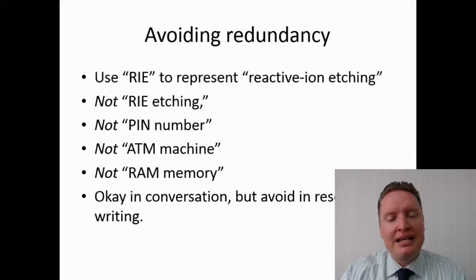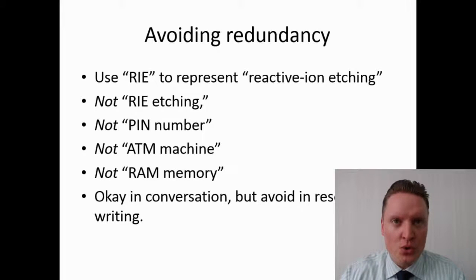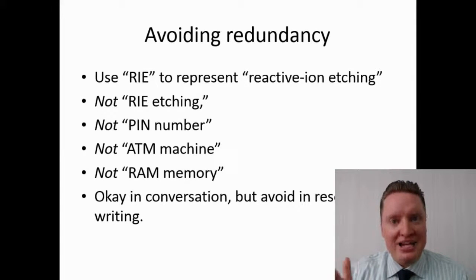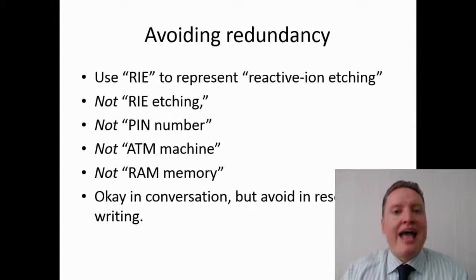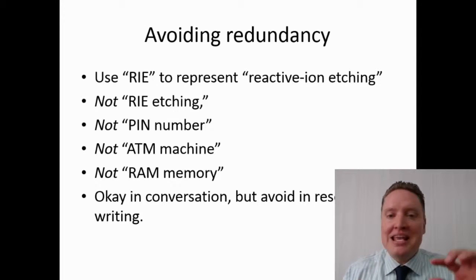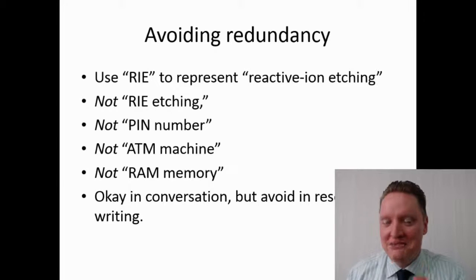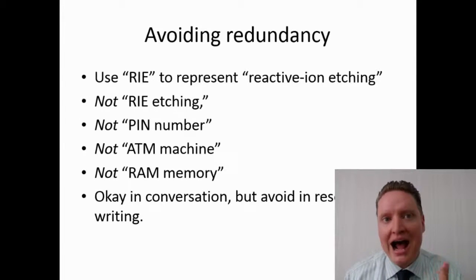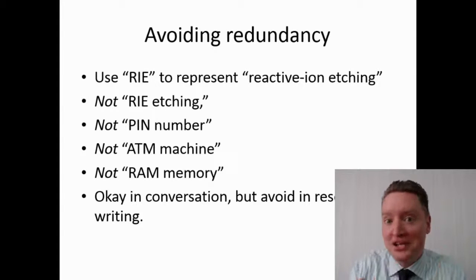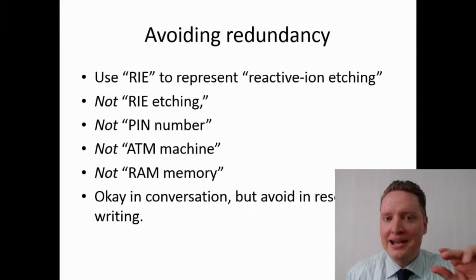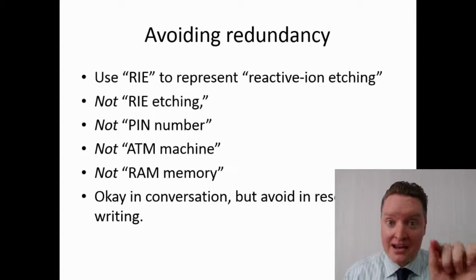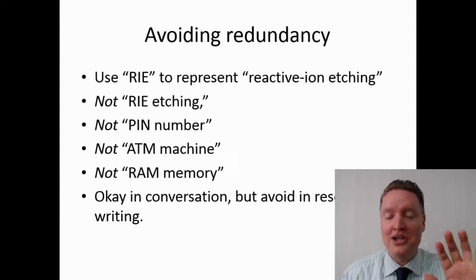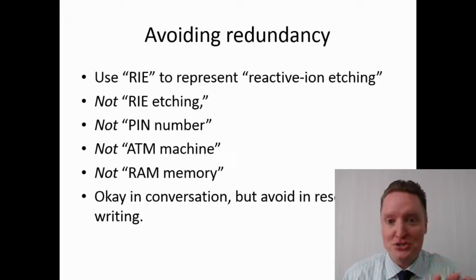Another thing to keep in mind is redundancy with your initialisms or your acronyms. Here's one, RIE etching. Now, etching is already in the E in RIE because it's reactive ion etching. So when you say RIE etching, you're saying etching, etching. Or PIN number. Now the N is number, so you're saying personal identification number number, which is too much.